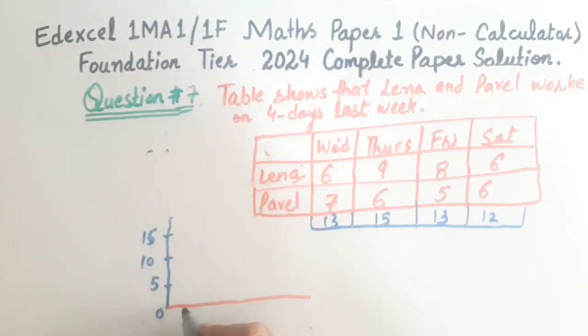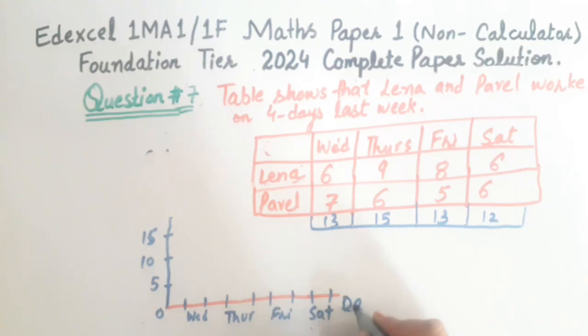So here this area represents Wednesday, this represents Thursday, this represents Friday, and next this represents Saturday.